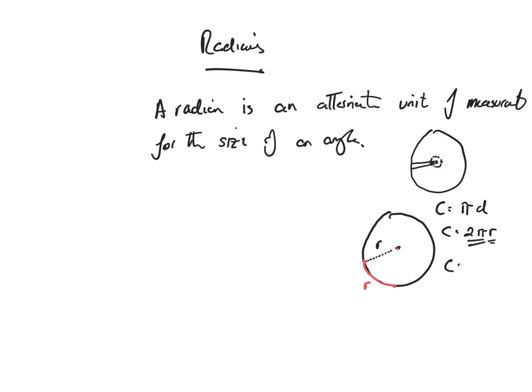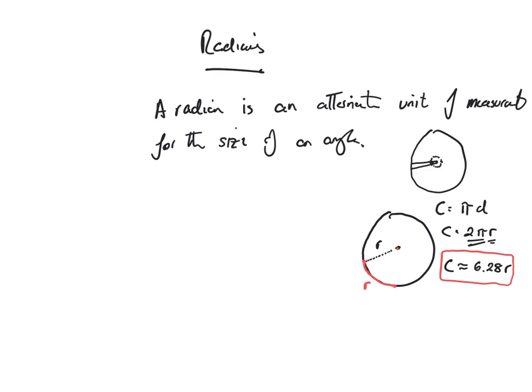That's roughly, I'm going to bring in this almost equal sign, almost equal to 6.28, because pi is about 3.14. So the circumference is almost equal to 6.28 lots of the radius. If you multiply the radius by 6, that will roughly give you the circumference, but a more precise value is about 6.28 times.